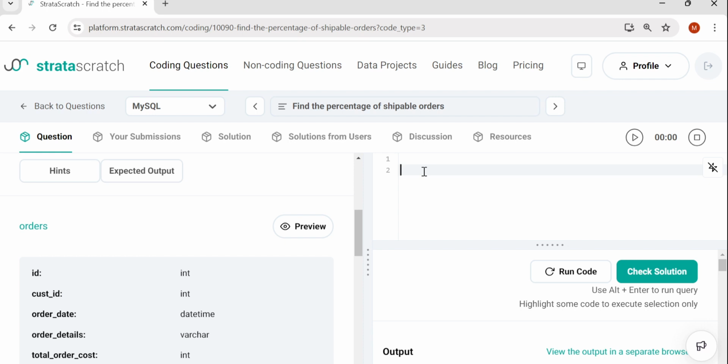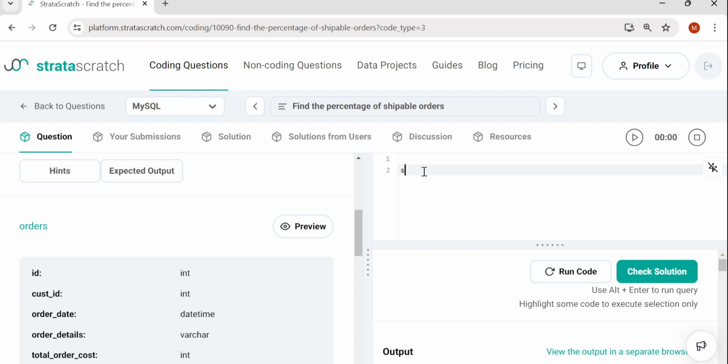Those having a value are shippable, and those not having any value are not shippable. So you sum up the shippables and divide by the total number of orders, so that you get shippables by total orders, which gives the percentage of shippables.